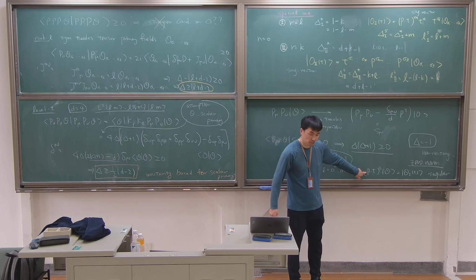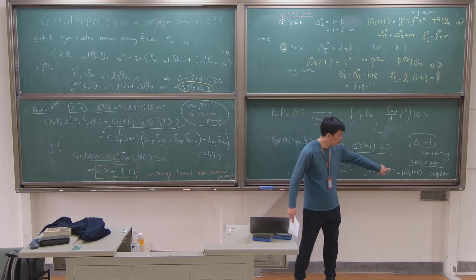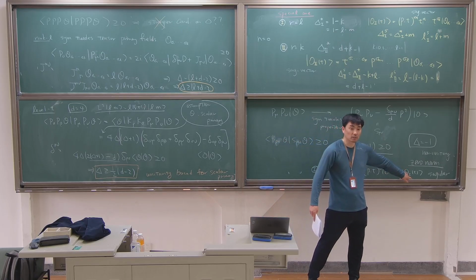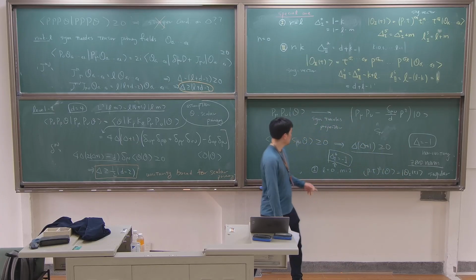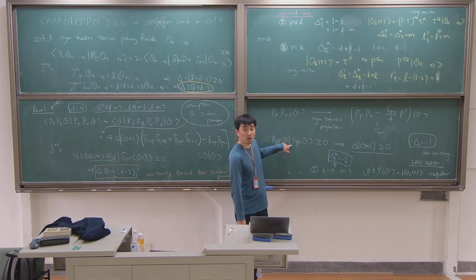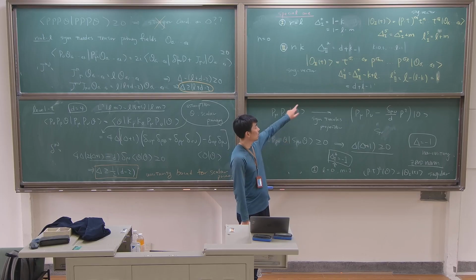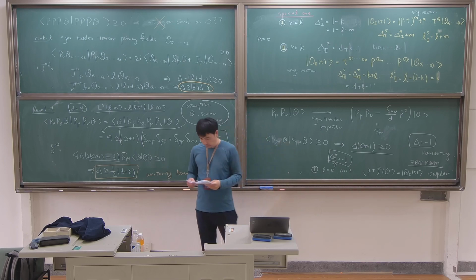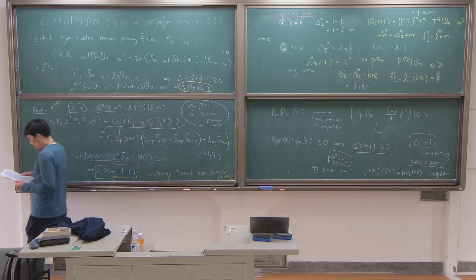If P traceless symmetric tensor acts on O, it becomes a singular vector. This is exactly the same conclusion we got by just taking the norm here. Fine. Okay, so that's another thing.